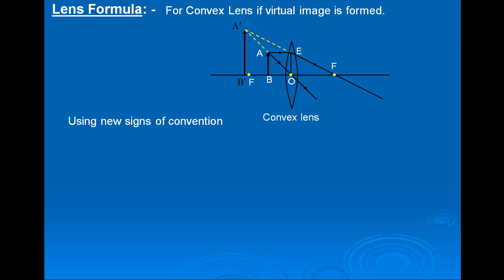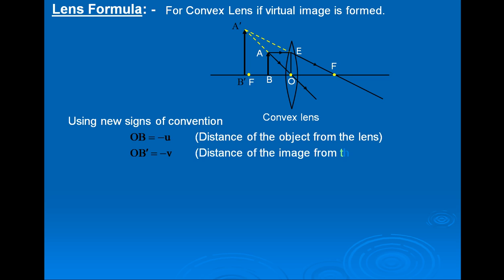Now using the new Cartesian sign convention, OB is equal to minus u. It is negative because this distance is against the incident ray, distance of the object from lens. OB dash is equal to minus v, distance of image from the lens.